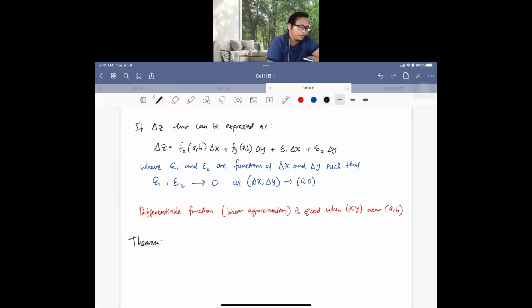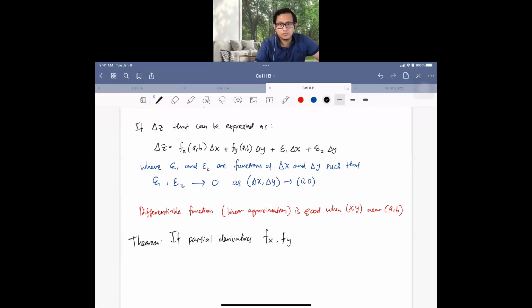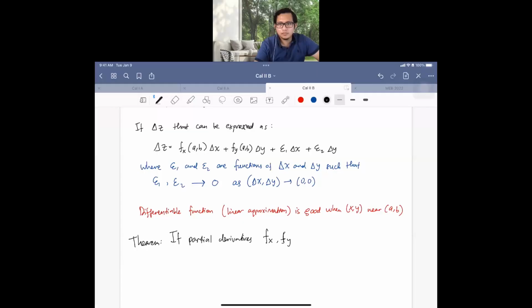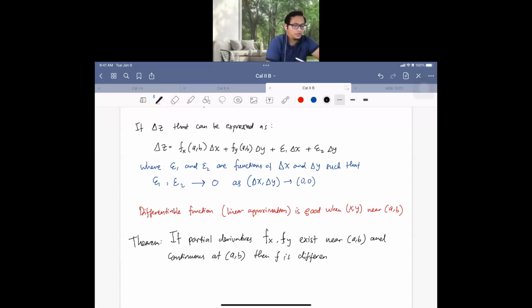If the partial derivatives partial x and partial y exist near a, b and are continuous at a, b, then f is differentiable at a, b.